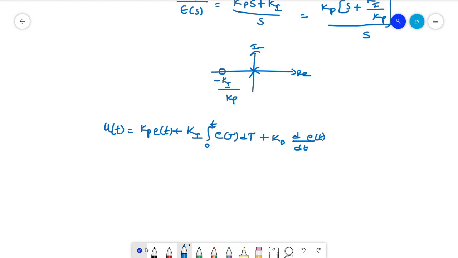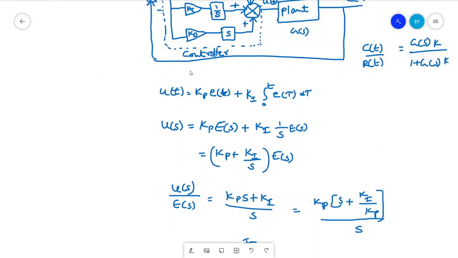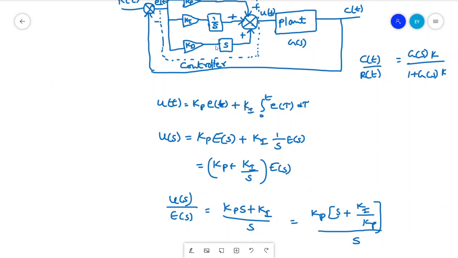So that is nothing but a derivative action. And d by dt is nothing but s, right? We can represent d by dt as s. We are just multiplying the kd gain to the derivative.